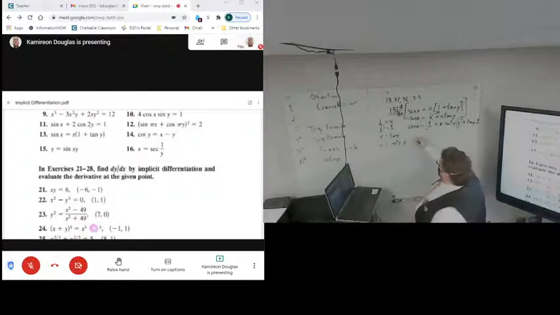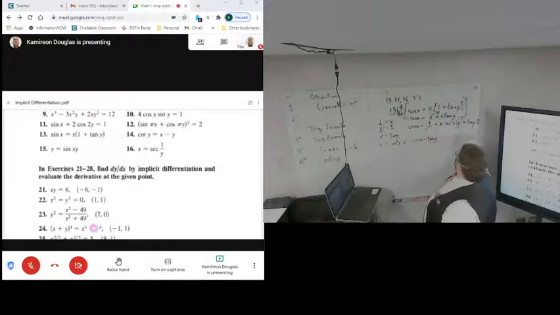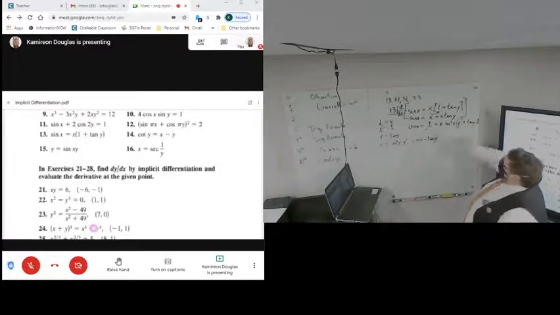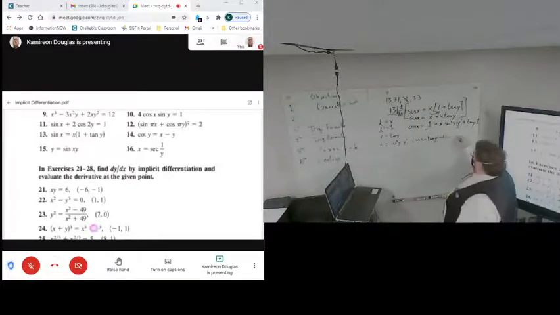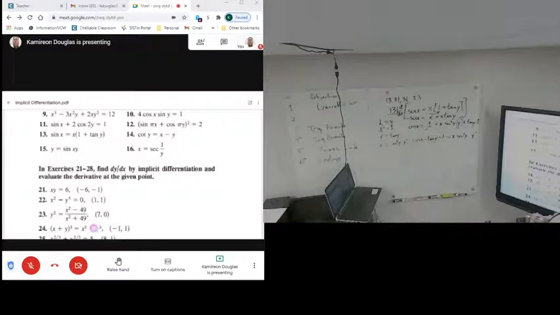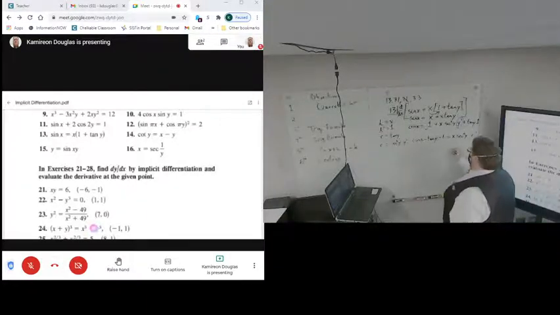Let's start there. So I'd have cosine of x minus tangent y. The 1 would be absorbed by the tangent. Minus 1 equals x times secant squared y times y prime. Very good start. Divide by x and secant squared y.